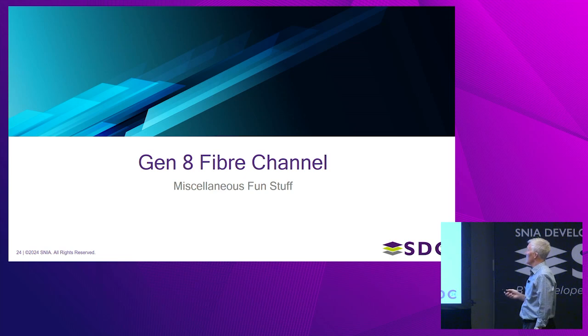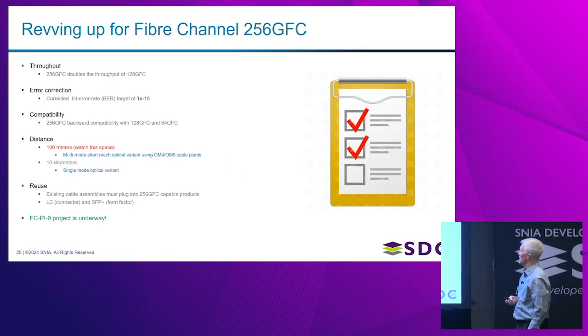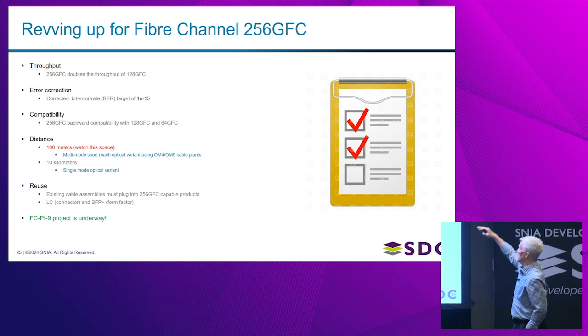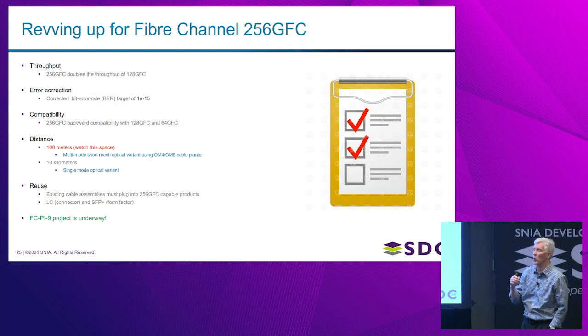And then finally, we have a few miscellaneous items that we're revving up for the next generation. Certainly 256 gig follows the exact same schema that we had for 128 gig. We're going to double the speed. We're going to maintain our bit error rate. We're going to look for backwards compatibility with 128 and 64 gig.